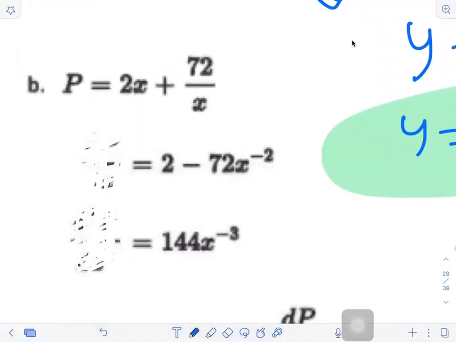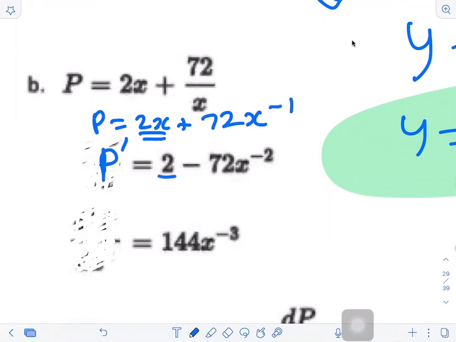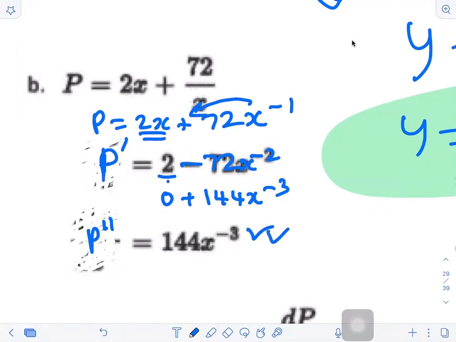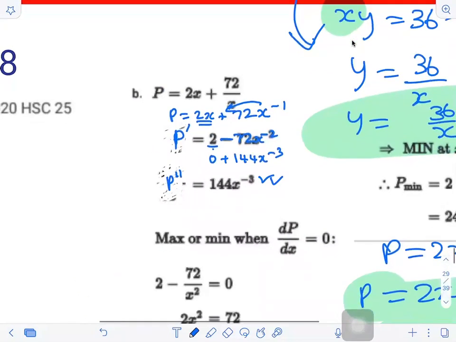So if we go P dash, so this is P, P equals 2x plus 72 to x to the minus 1. P dash, the 2x goes to the 2, minus 1 comes down to give you the minus 72, and take 1 away, 72. And P double dash, the 2 will go to the 0, plus 144 x to the minus 3.